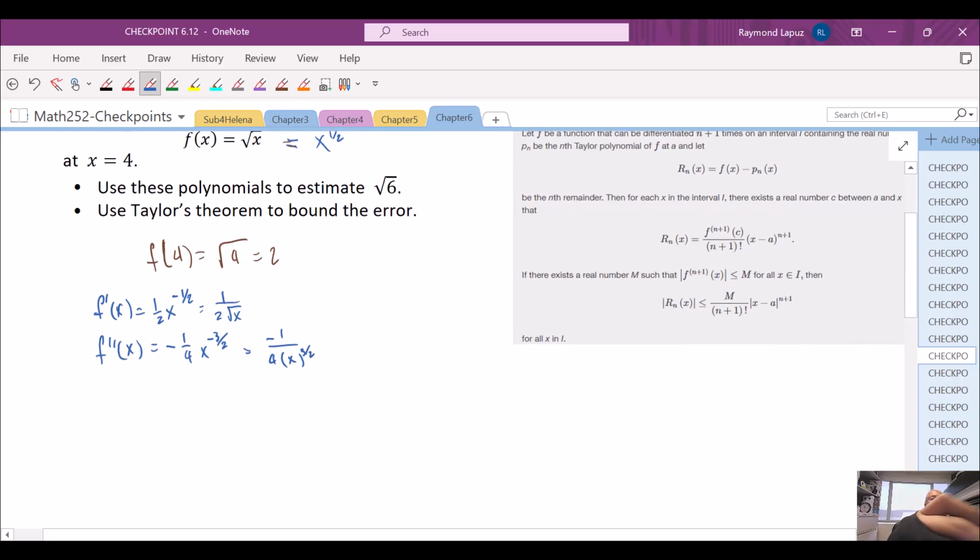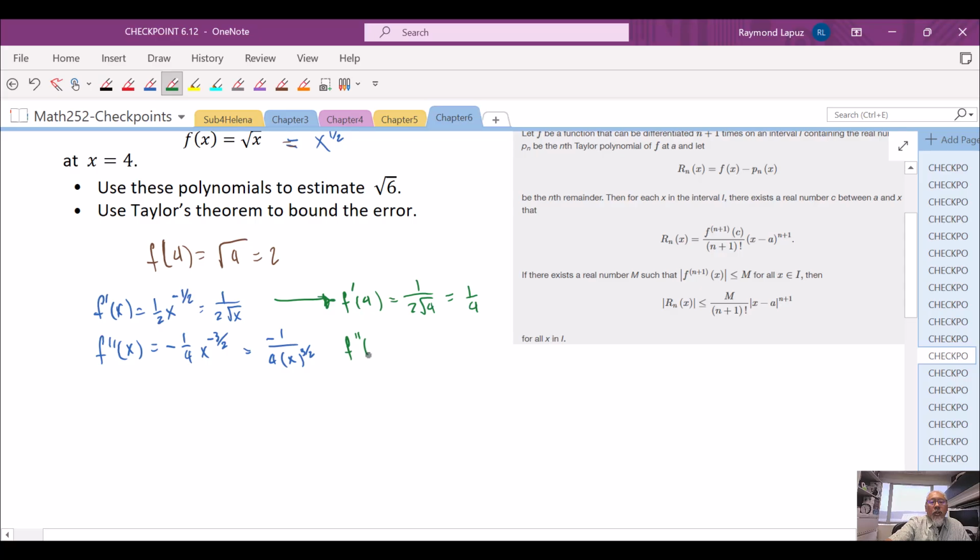And so let's take this for now and put in the value of 4. So f prime of 4 is equal to 1 over 2 times root 4. Root 4 is 2, so 1 over 2 times 2 is 1 over 4.